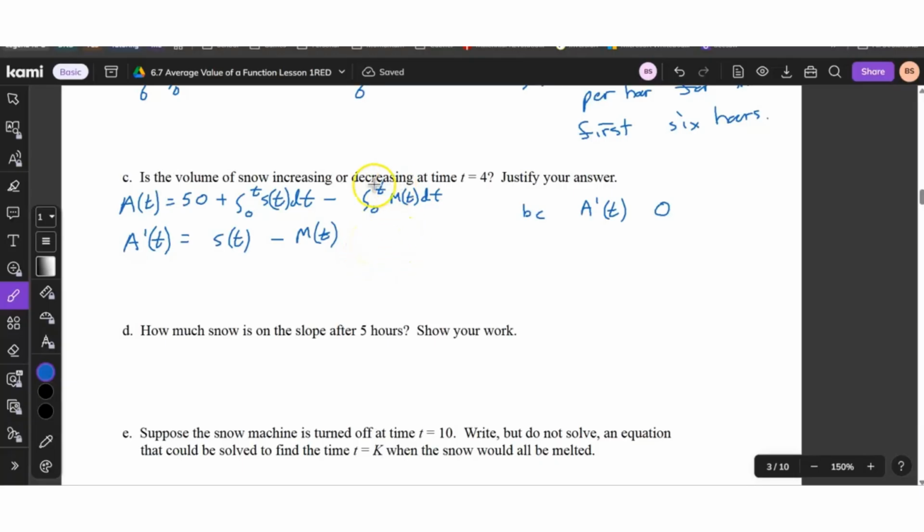Look, it goes away because it's from 0. The only reason it goes away is because we're doing it from 0. If I was doing it from like 3, I'd have to actually plug in S of 4 minus S of 3. Exactly. At 0 time, there's none that was added or melted. This is actually another theorem of calculus, which I'm going to go over later. It's the second fundamental theorem. Okay.